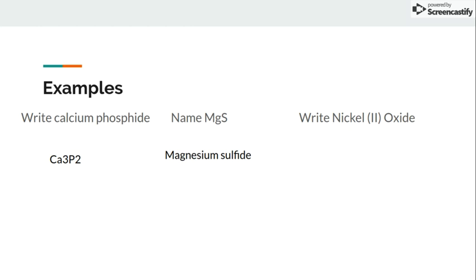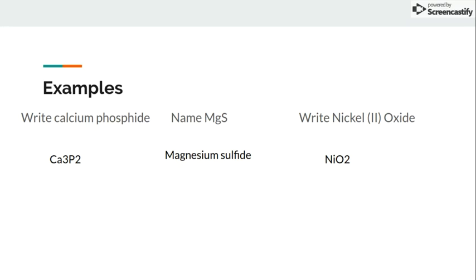Write nickel(II) oxide. It would be NiO2 because oxygen has a -2 charge. So I did that wrong.